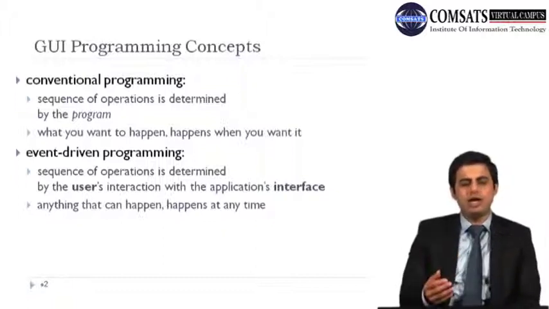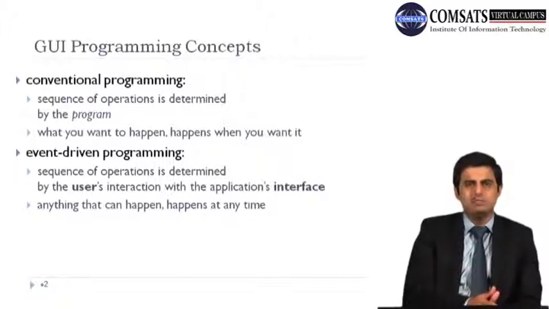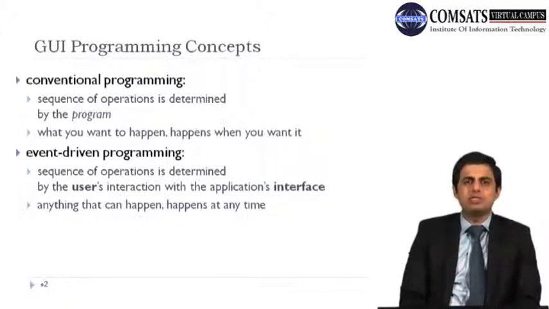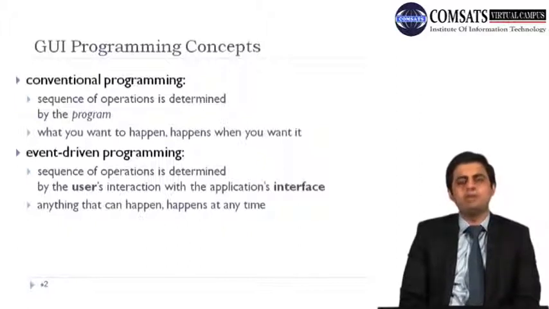So what you want to happen, happens when you want it. Wherever you have called the functions, it will be performed accordingly at that position. Of course, in conventional programming you can make use of libraries as well.